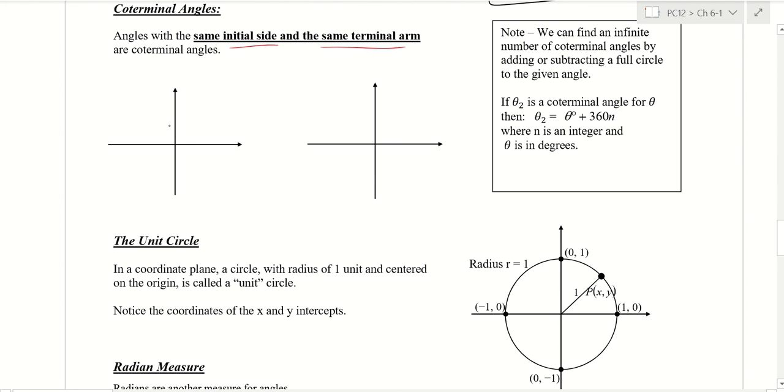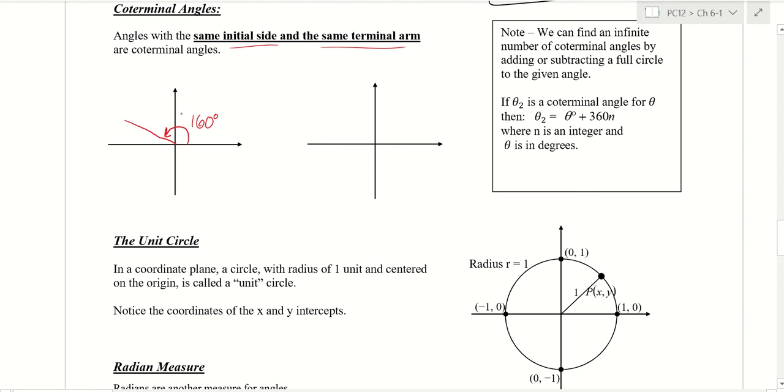So let's say we have some sort of terminal arm in quadrant 2, and let's say that this angle is 160 degrees.